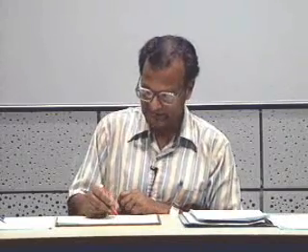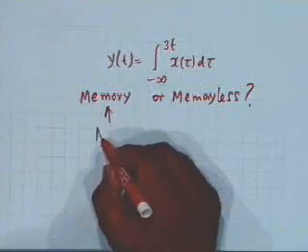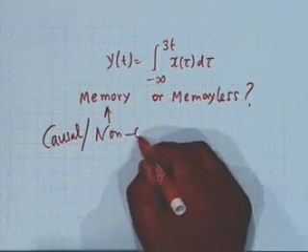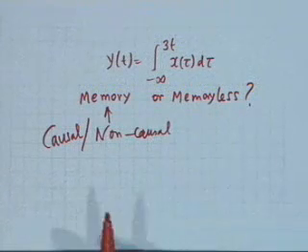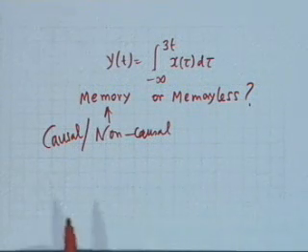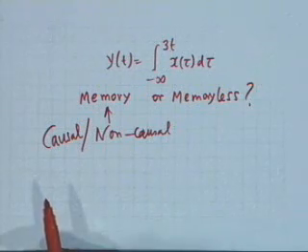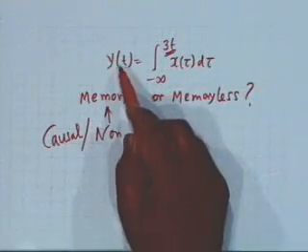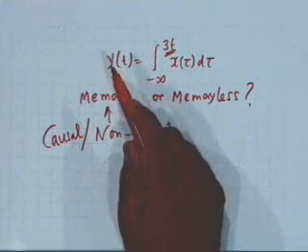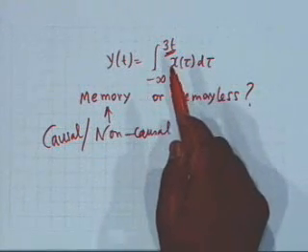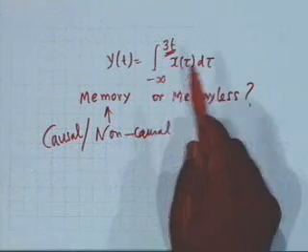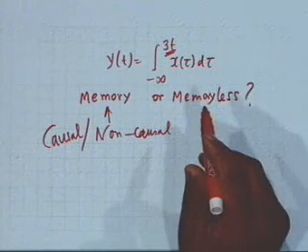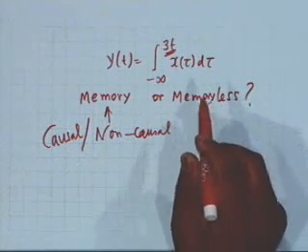Therefore, it has memory. Is it causal or non-causal? Non-causal. Why? Because of 3t. If t is equal to 1, the output at t equal to 1 depends on the input that shall be applied at 3, and therefore, is that clear? Is that correct?